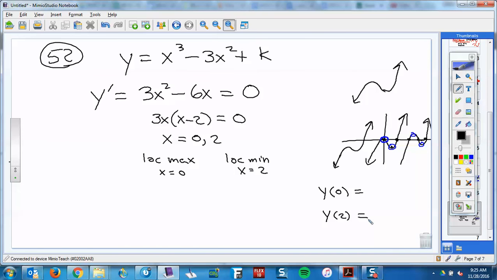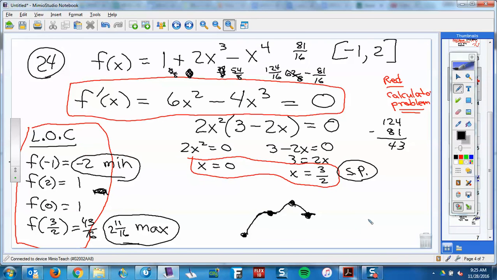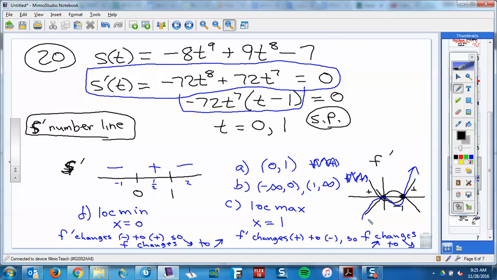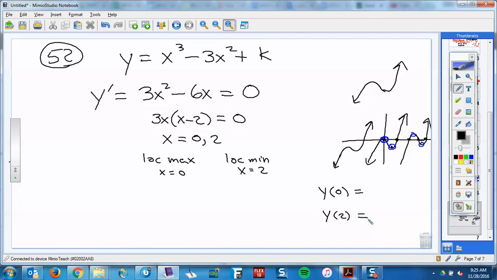But of all the stuff we've done today, by far the most important problems are 24, global max min, and 20, local max min. Be able to mimic, be able to go through the way we've done these problems. These are the key, right? But it doesn't hurt to stretch us and make us think a little bit about this process and what's going on, to now apply this in a different kind of problem, okay?